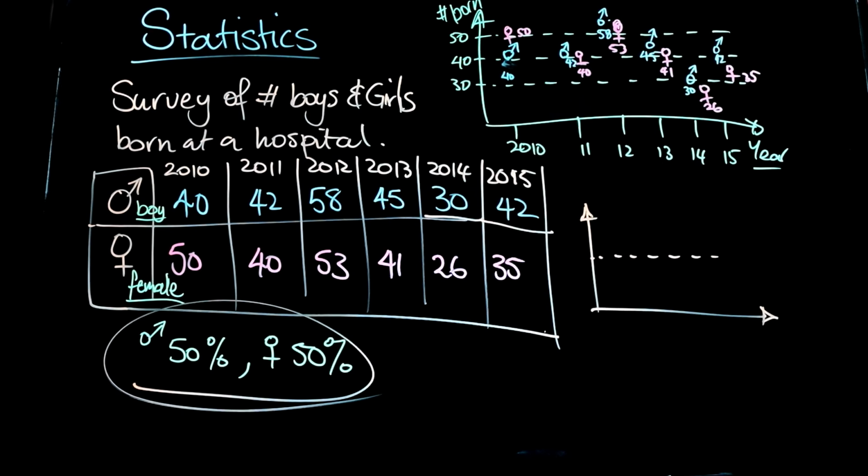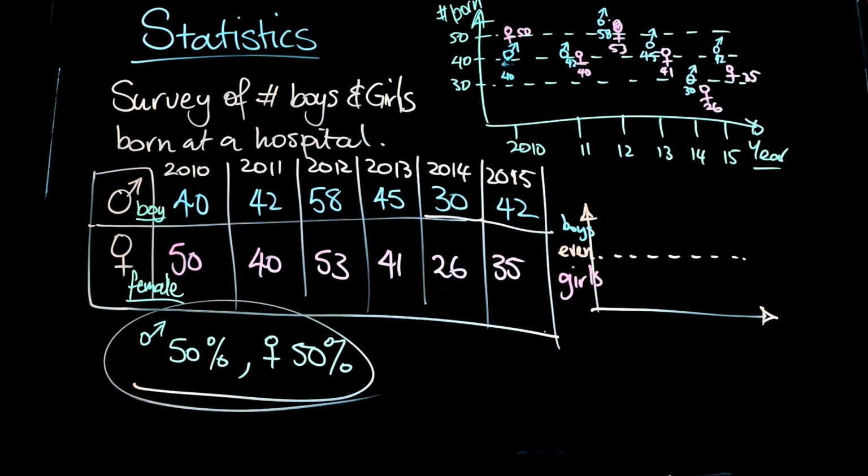I'm putting a dotted line in here because that's going to be even, if you like. What I'm going to call that is even. And above the line, I'm going to put boys, and I'm going to put girls below the line.